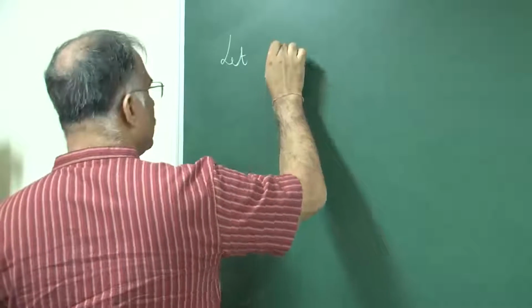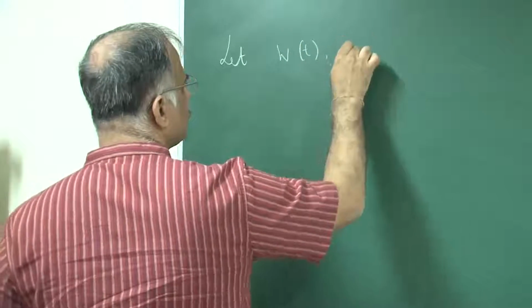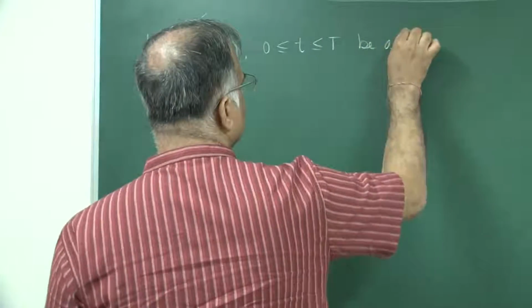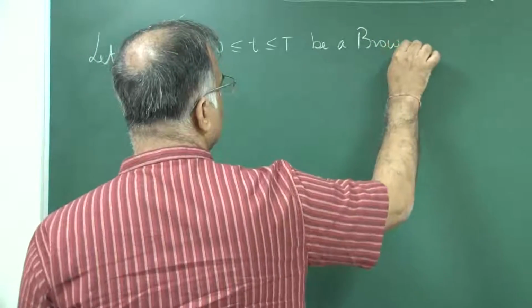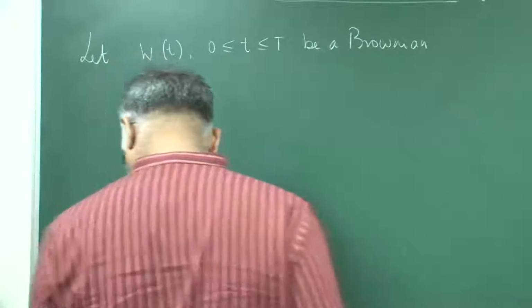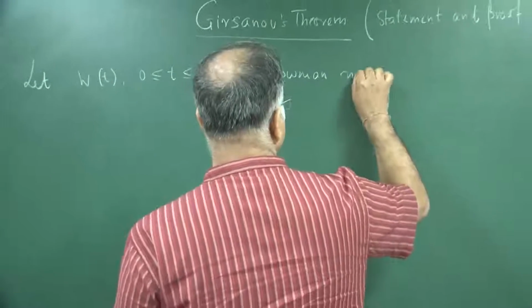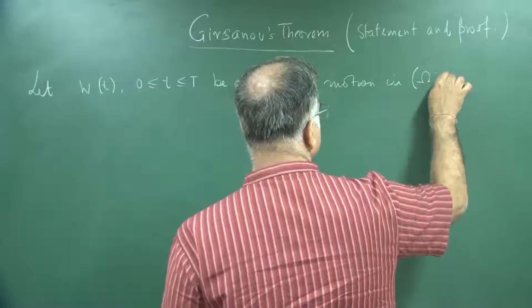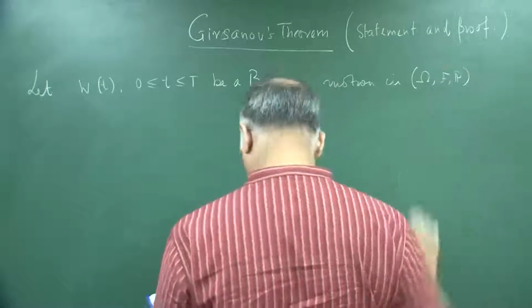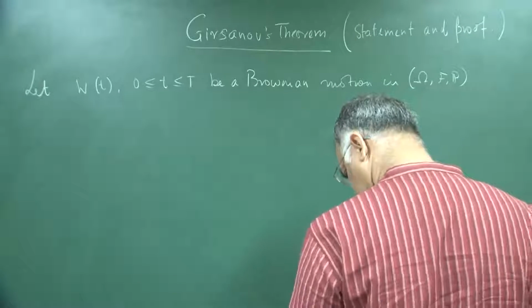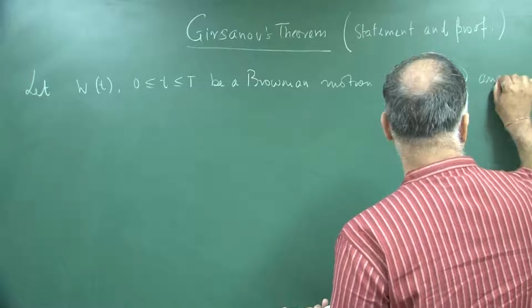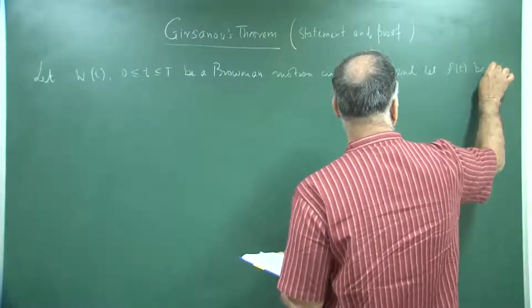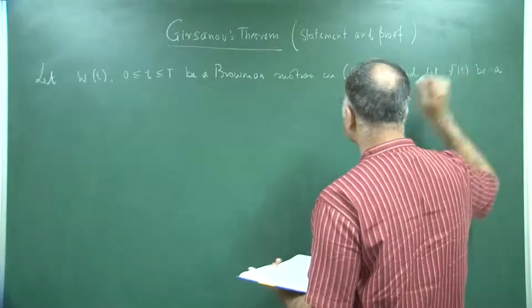So, let Wt be a Brownian motion in the probability space and let Ft be a filtration associated with the Brownian motion.